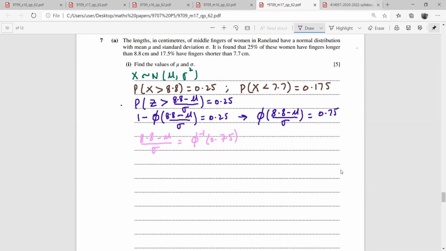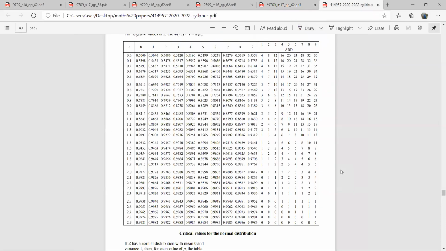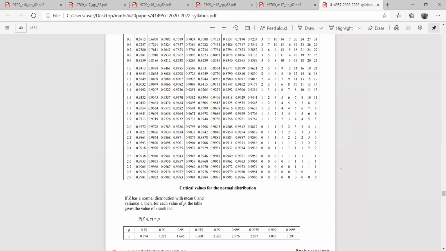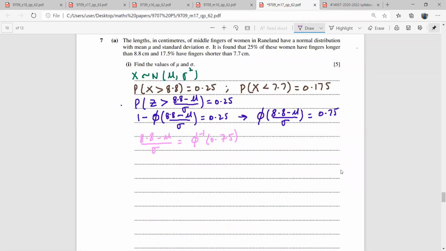Here is my table. If you look at the bottom of the table, these are the critical values. You can quickly find the required Z values for the probabilities. So the probability is 0.75, and Z is 0.674. So 8.8 minus mu is 0.674 sigma. That is my equation number 1.